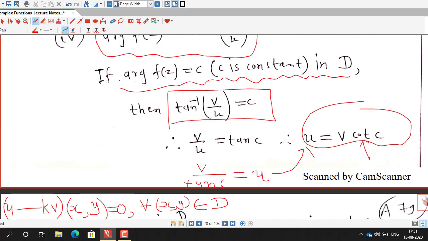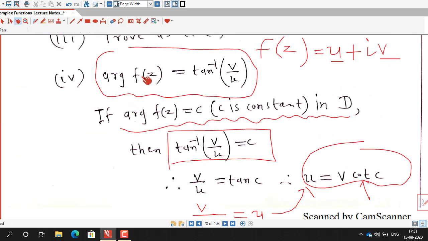I hope it is clear. I repeat again. It is given that argument of f of z is constant, and we know by the definition that argument of f of z is tan inverse v upon u. Argument of f of z is given to be constant, so we assume that argument of f of z equal to some constant, say c. Therefore tan inverse v upon u becomes constant.